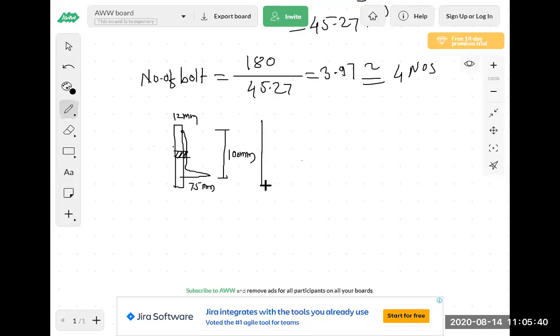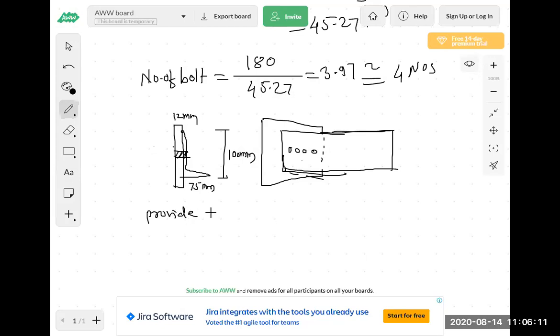Then you have to tell how many rows you are using. Are you getting? So here we will use 4 bolts in 1 row only, like this. As you write here, provide.